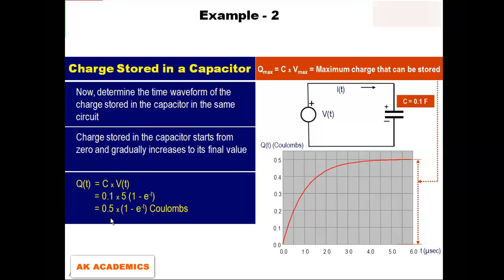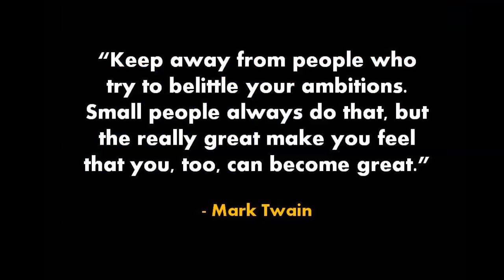Once you do that, you obtain points, and when you join the points, you obtain this particular curve here for all the various times. So you can see we have the time waveform of the charge here also. This is pretty much easy to handle and deal with. If you have any questions, don't hesitate to ask.